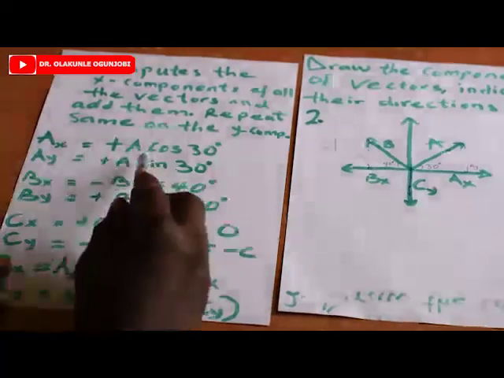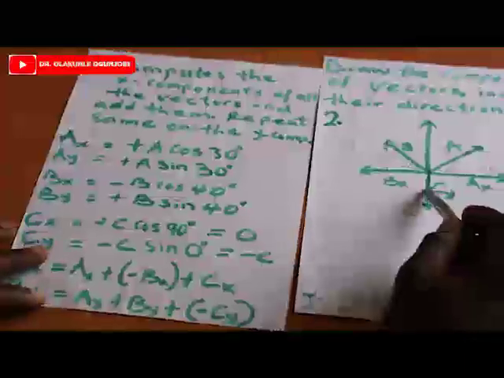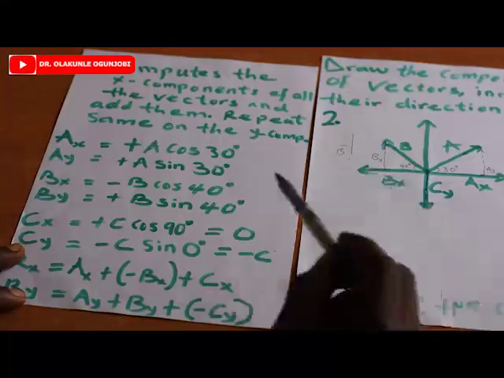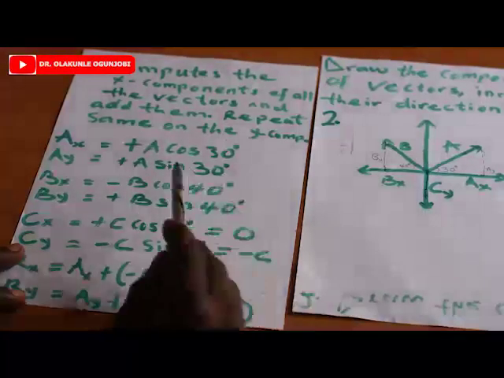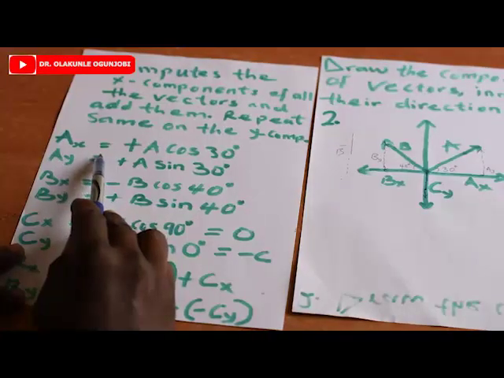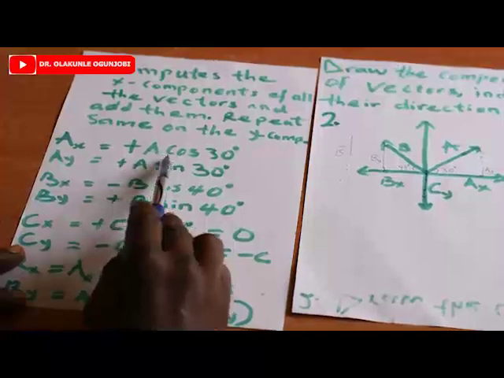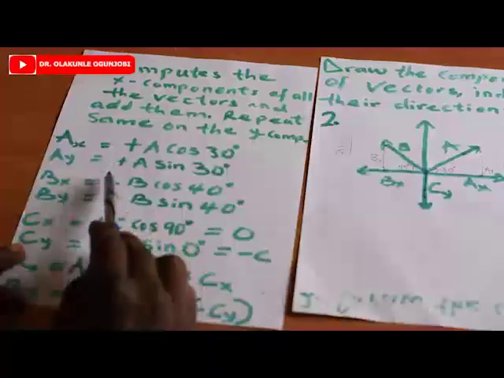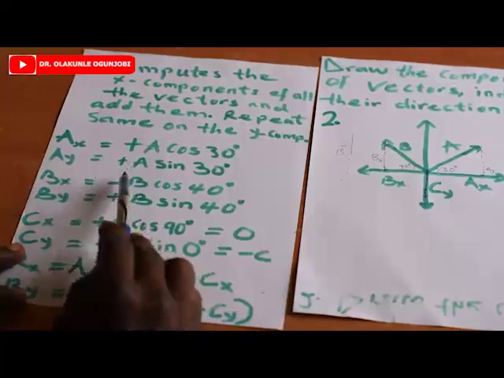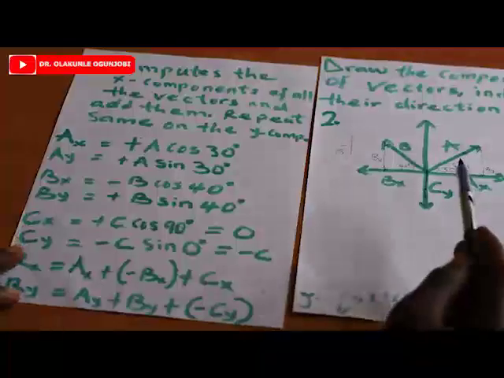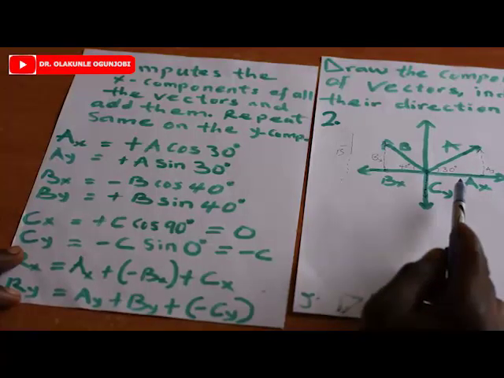Ax will be equal to a cos of that angle. In this diagram, the ax component will be equal to a cos 30 degrees. You can see that. And then for ay, it will be a sin 30 degrees.